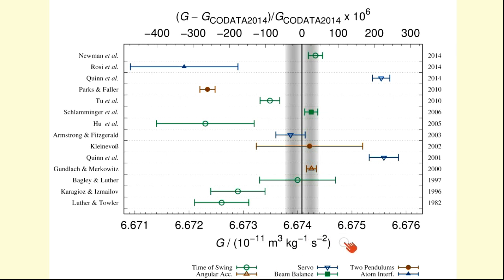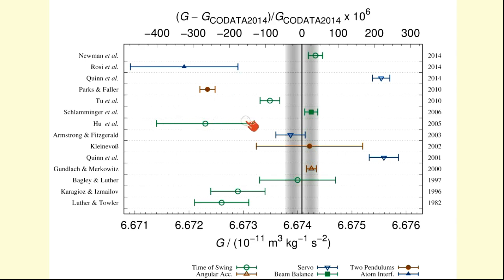Here's a great one. I love a graph with more than two axes. You've got the axes here going in terms of G, and the units here are good old SI base units, 6.671 up to 6.676, and then on the left axis you've got the people who were doing the discoveries. On the right axis you've got the years from 1982 to 2014, and then you've got the range of data. So the precision, you've got these points here, and never trust a graph that is scaled, so you either scale so you can't see uncertainty bars or they're not included.